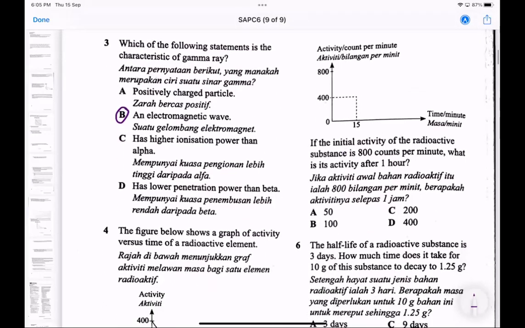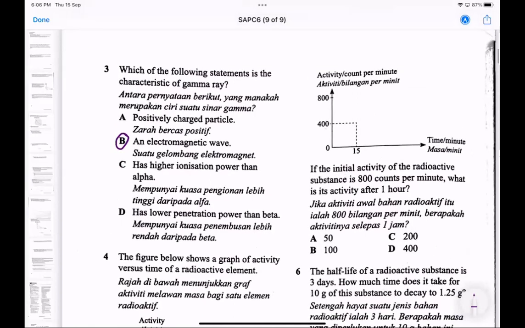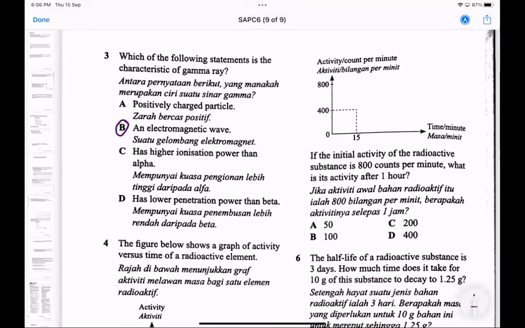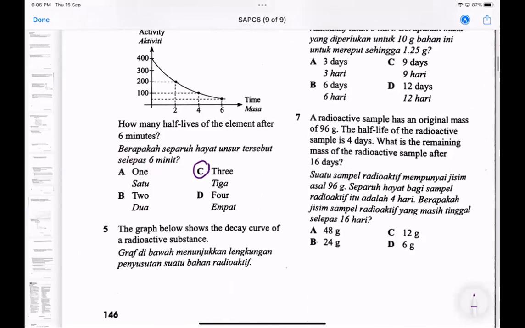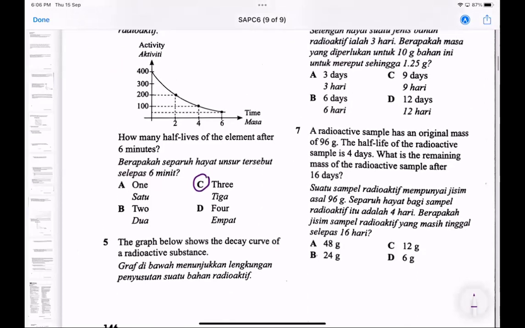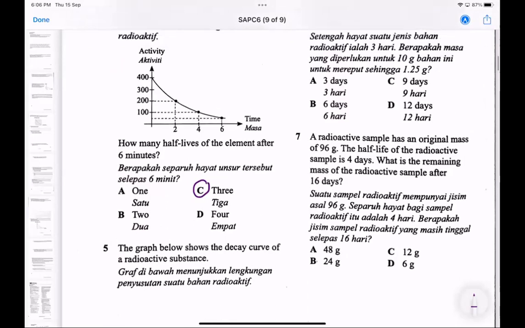Boy. You got boy? I didn't get boy. Arina, what did you get for 5? I got A. I got A as well.